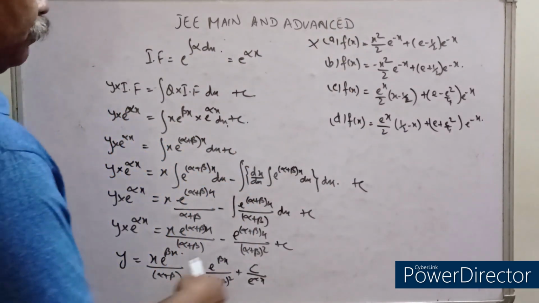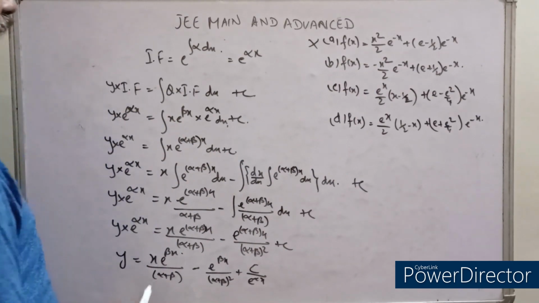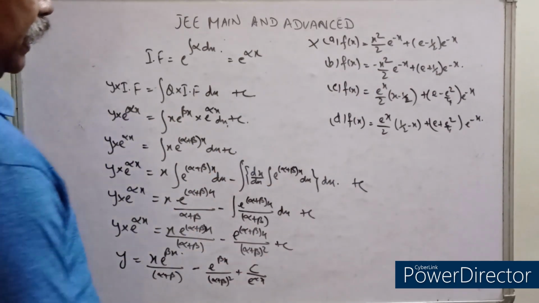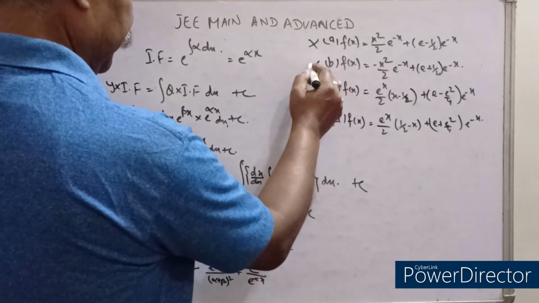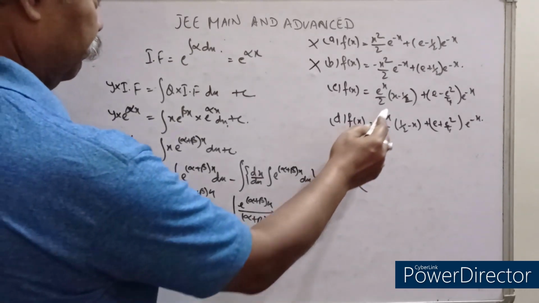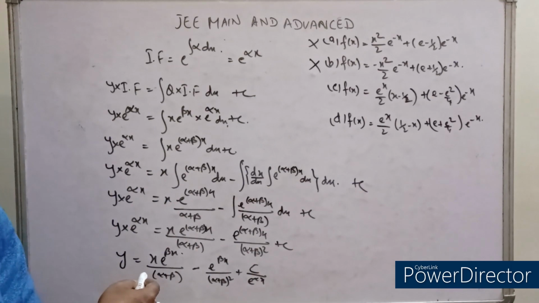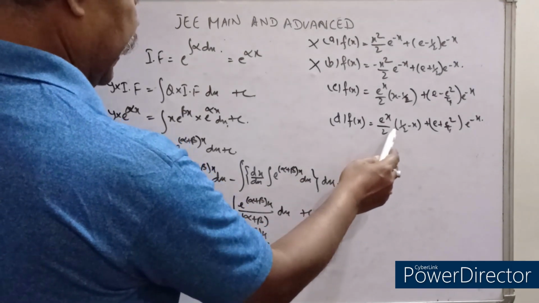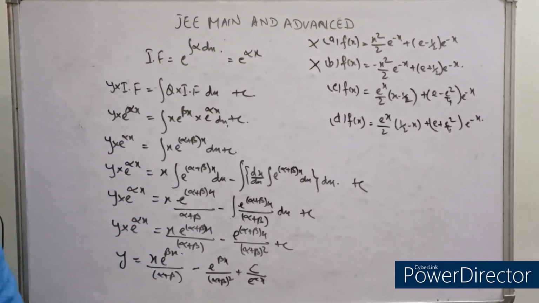Here you see first of all x square, but this is x, so this cancels out. Again x square, this cancels out. Here there is x, it is possible, and again x here, this is possible.